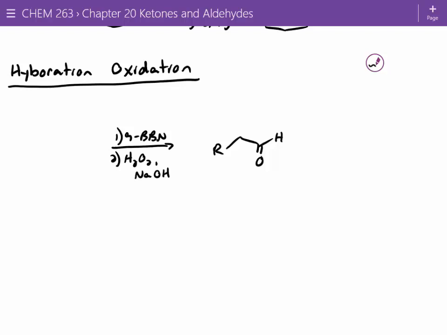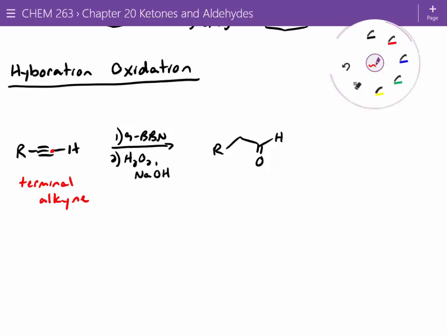An alkyne, right? Exactly. So in this case, you need a terminal alkyne. And it will do anti-Markovnikov chemistry. So we'll add in a carbonyl at the terminal carbon. And if you remember, it will do that quick tautomerization because it's under base catalyzed conditions. And so you'll form an enol that will quickly tautomerize to your aldehyde. And this was in section 10.7.